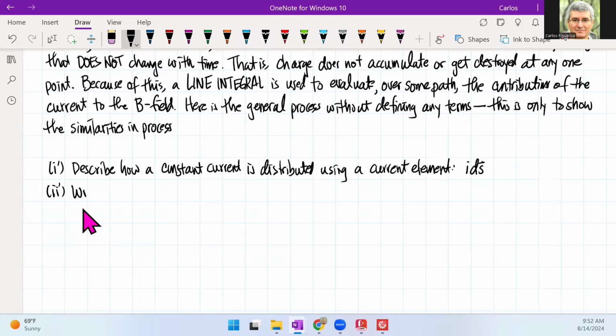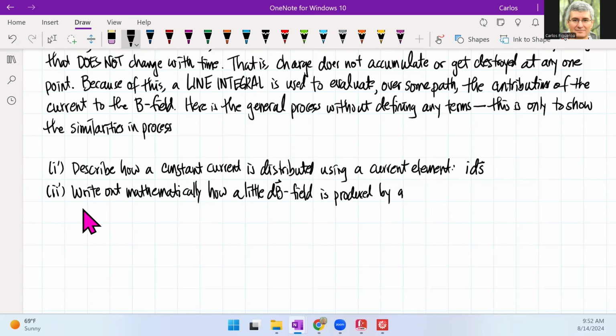Next, we write out mathematically how a little dB field is produced by a single current element, I ds.